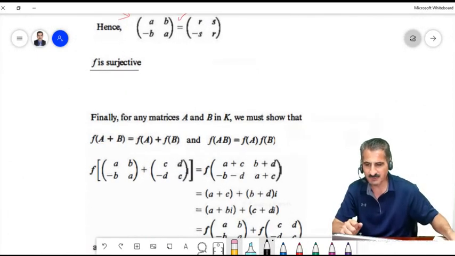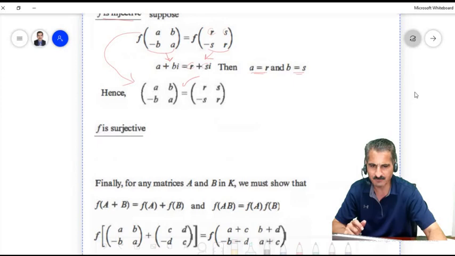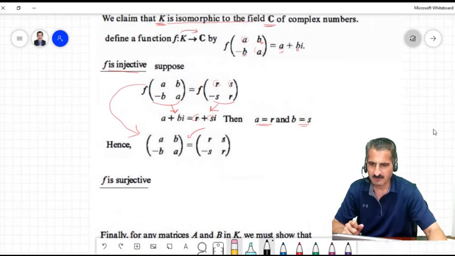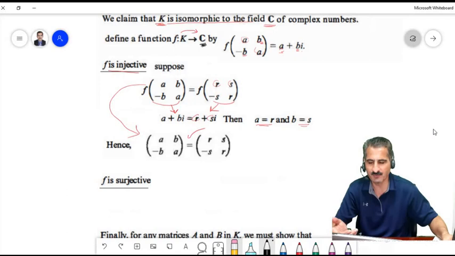Now to show F is surjective, it is very trivial. We want to show it is surjective, so we'll take any element from C. So what do elements in C look like?